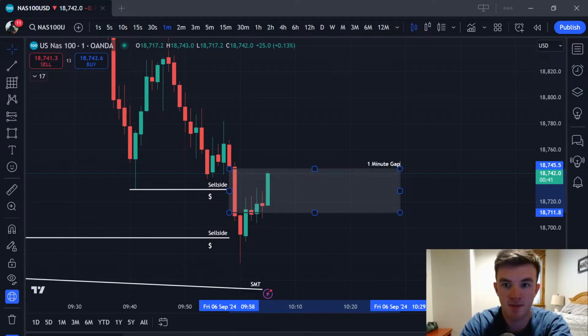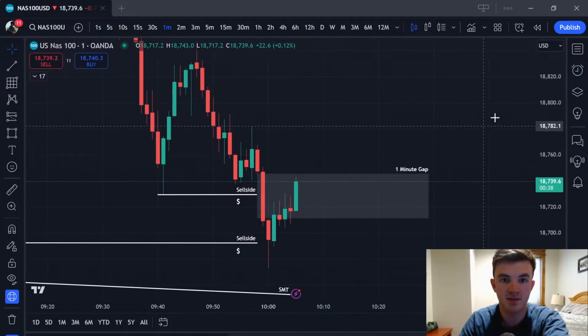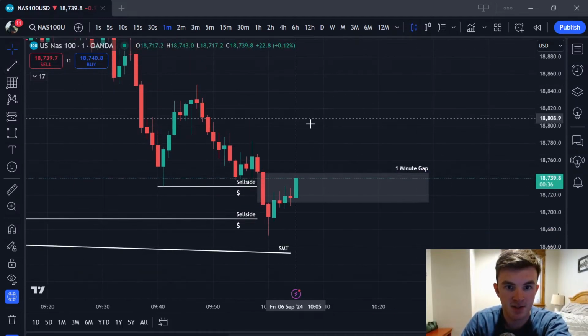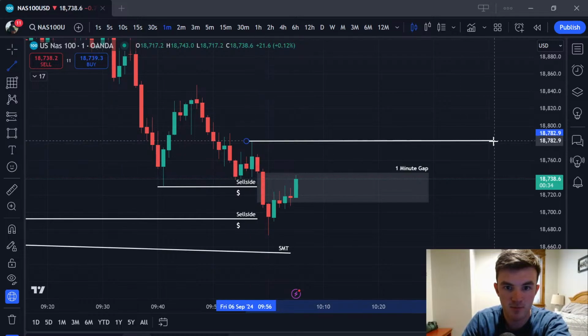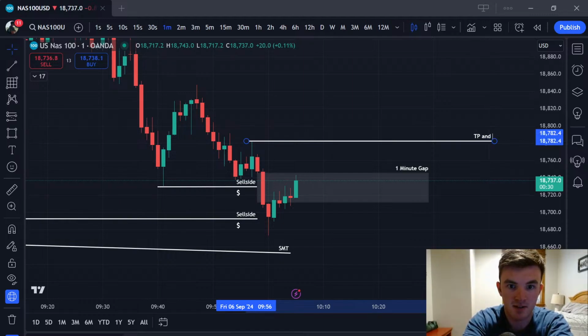1 minute gap. 40 seconds till it inverses. And then this is TP1, and stop loss to break even.